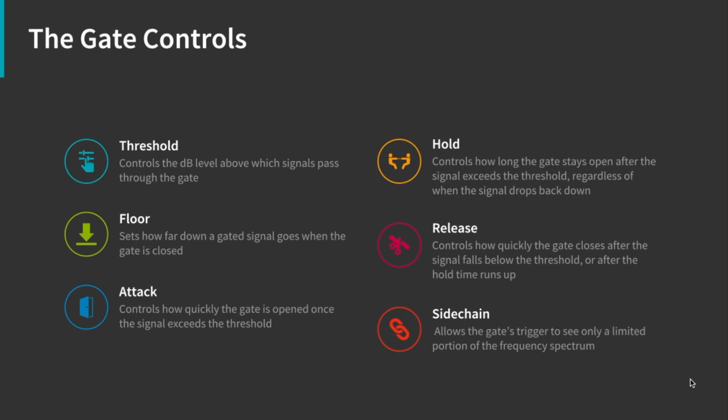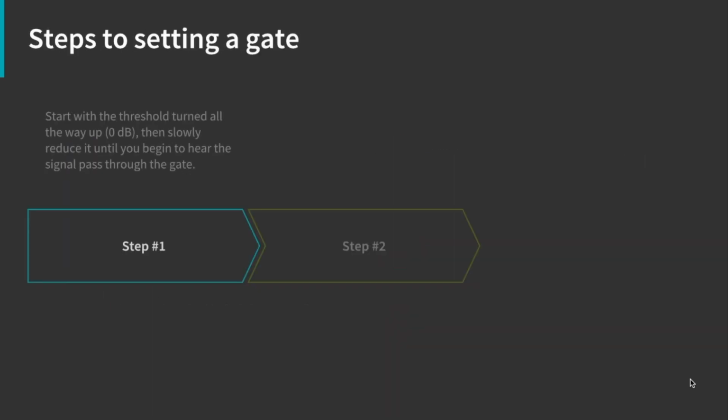So we're going to go through a couple of steps of what to do to set a gate in your mix. You want to start with the threshold turned all the way up, which is 0 decibels, and then slowly reduce it until you begin to hear the signal pass through the gate.